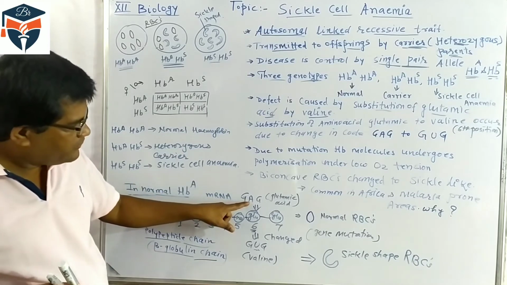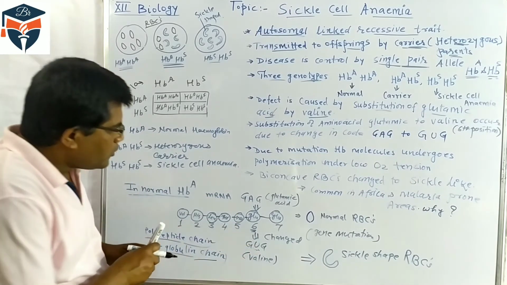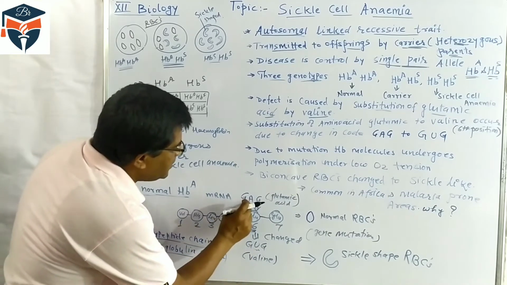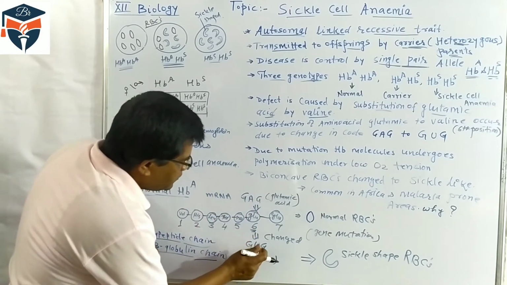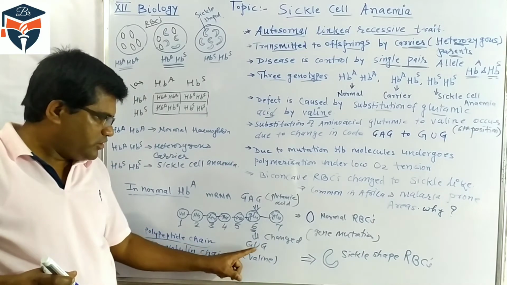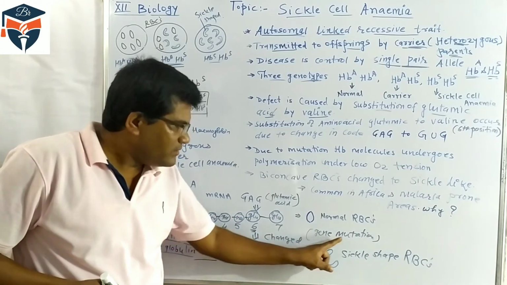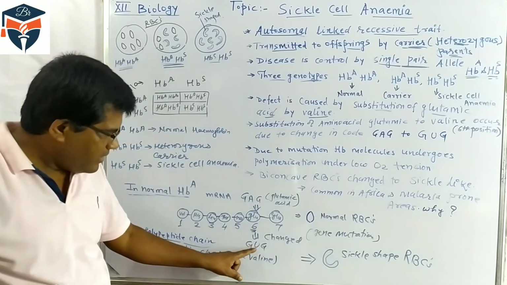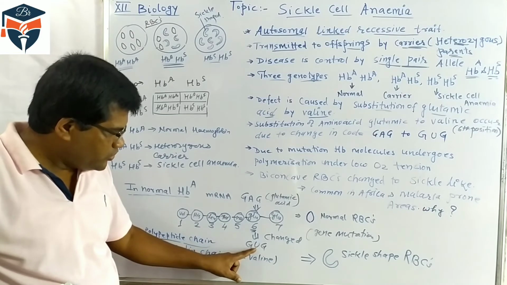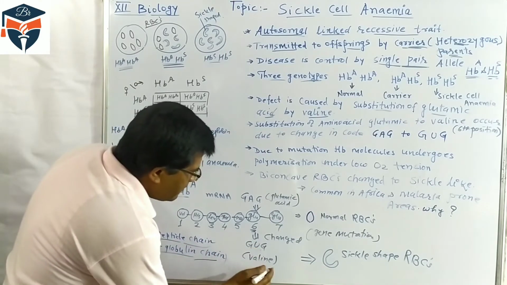So if this codon is GAG, now it becomes GUG. So a new codon is formed, that is GUG, by changing the single base. And the codon GUG synthesizes valine, which is one amino acid.